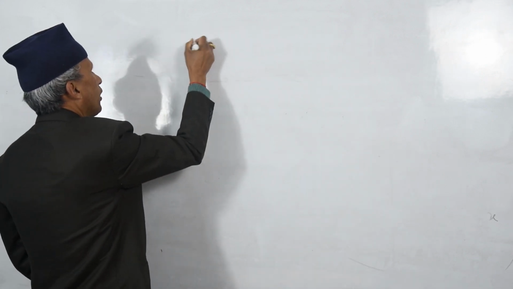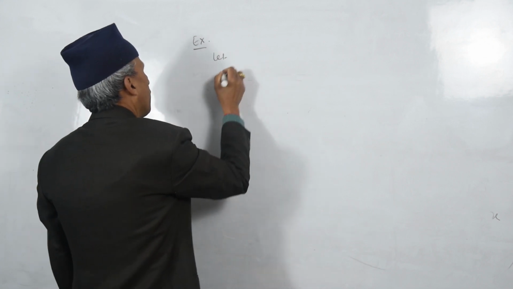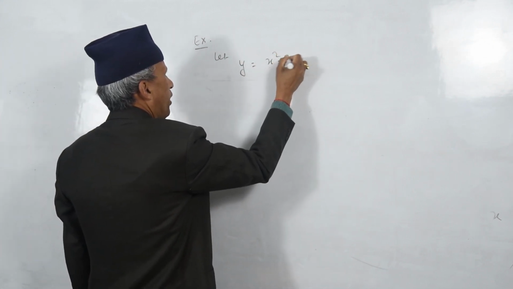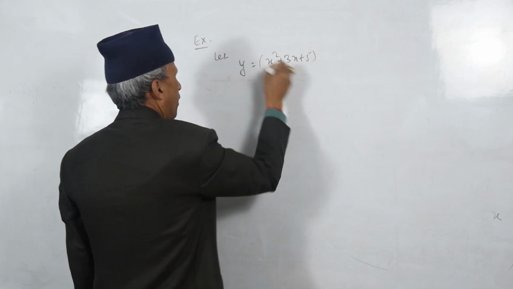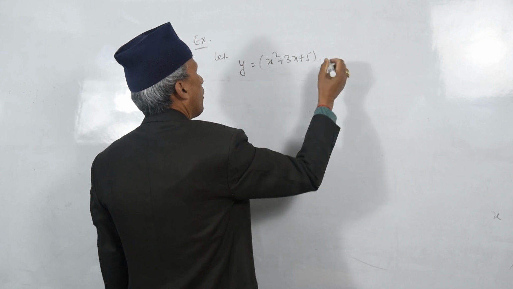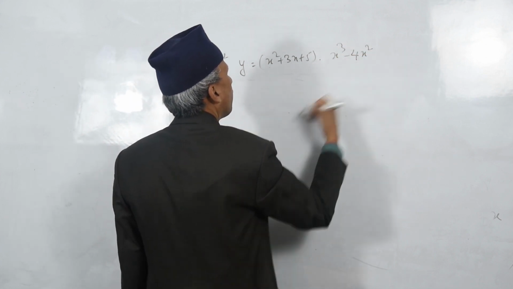Suppose another example: let y is equal to x square plus 3x plus 5, into x cube minus 4x square.